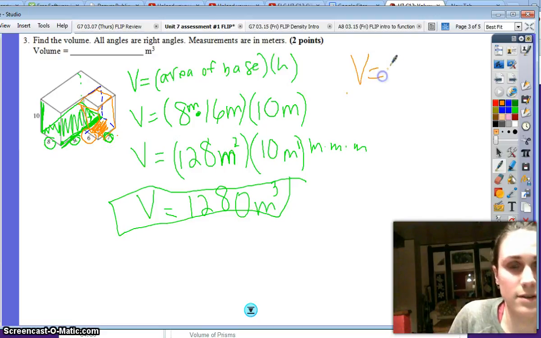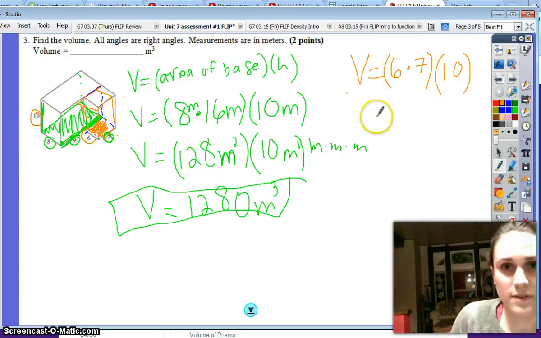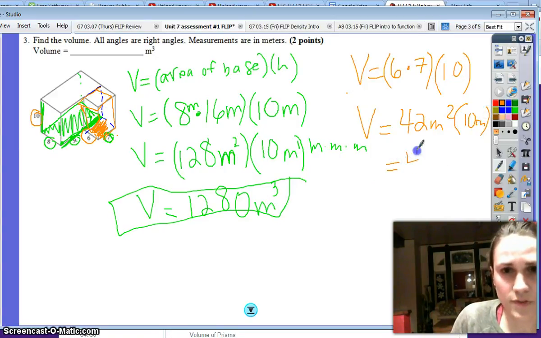So V equals 6 times 7, both in meters, times the height, which is also 10. Nothing changed. This 10-meter height is the same for this entire figure. 6 times 7 is 42 meters squared. The area of that base is 42 meters squared times the height of 10 meters equals 420 meters cubed.